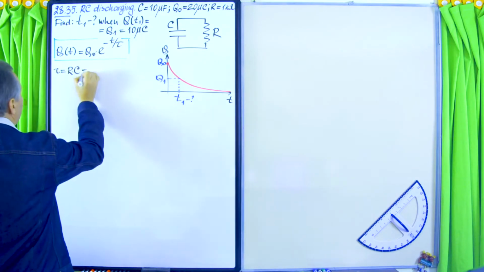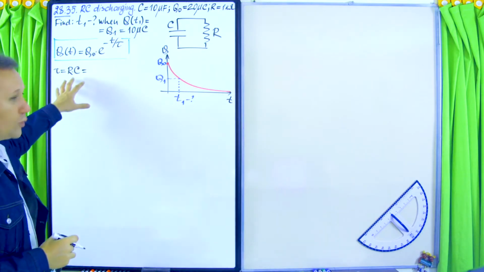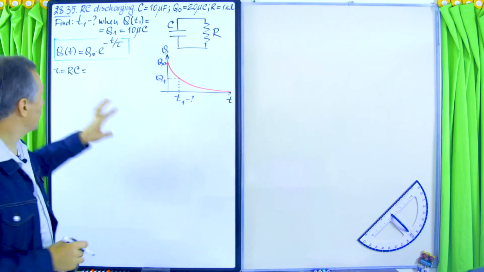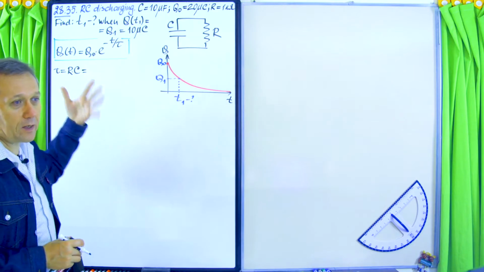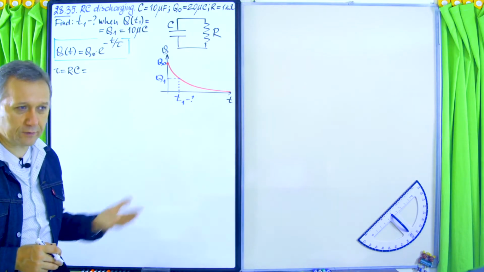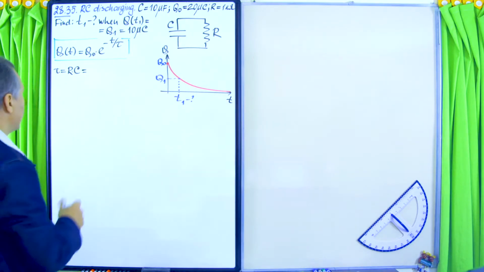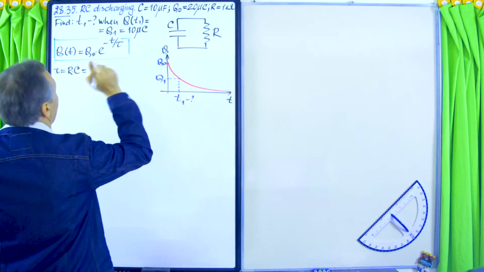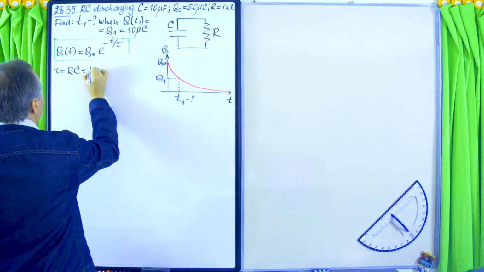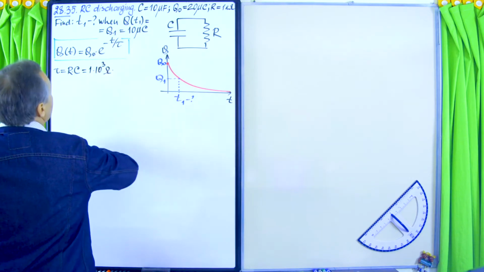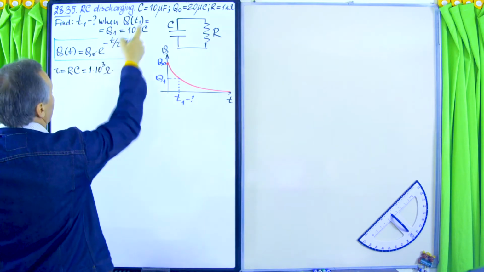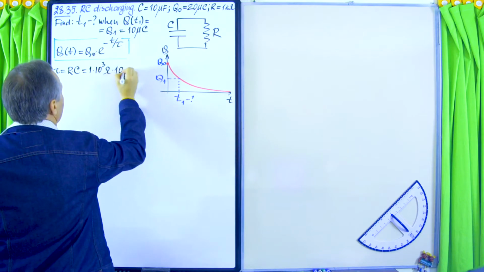And you know what? Probably in 10-15 minutes, I will show that the product of R and C gives us units of time. But I will do it later. So what do we have? R is 1 kilo ohm, so 1 times 10 to the power of 3 ohms, times, where is C? Okay, 10 microfarads.